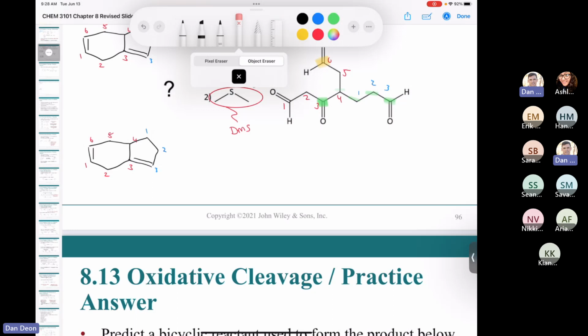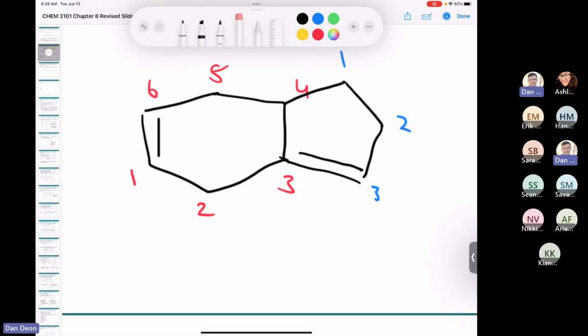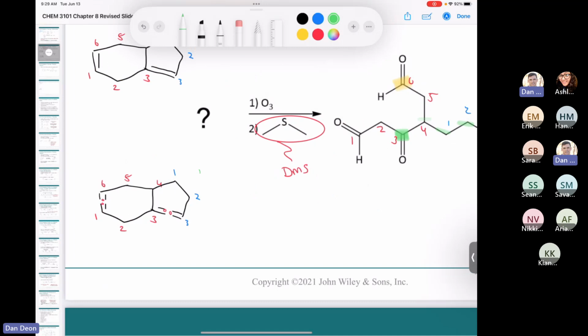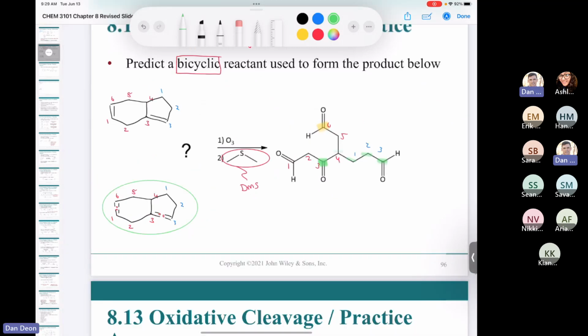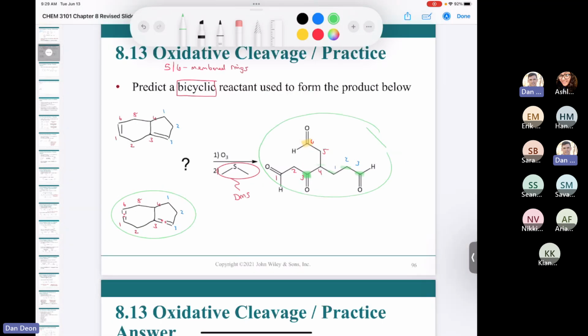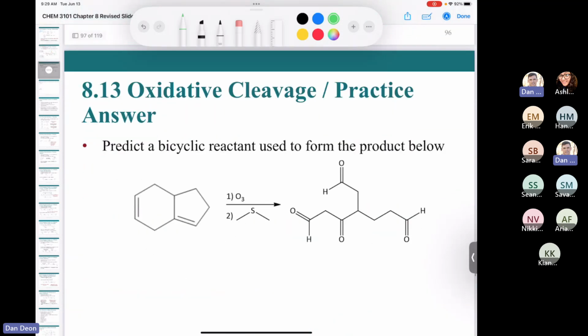All I did was take my pixel eraser and say, if I was to break this here, and if I put an oxygen here, here, here, here, which looks kind of ridiculous, this compound now is identical to this compound. It's just not drawn in a stable conformation. So that's what you're doing there. It's kind of a challenging problem, this one here, but there you go.